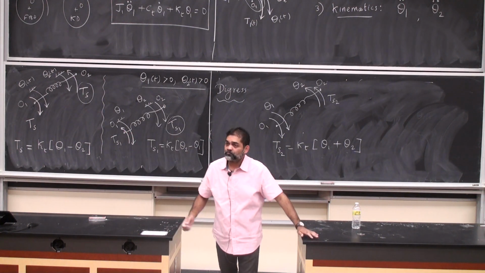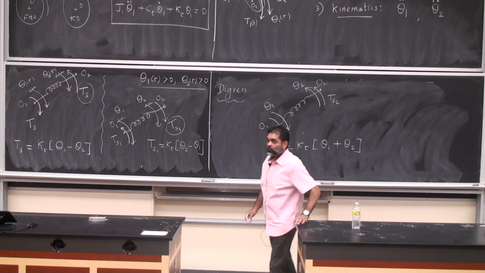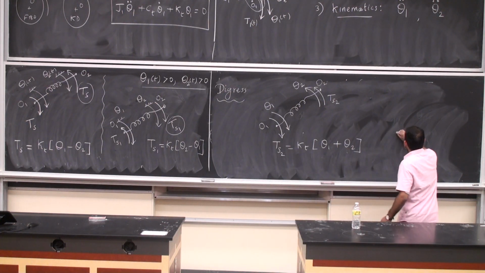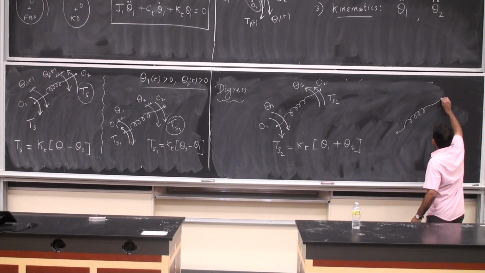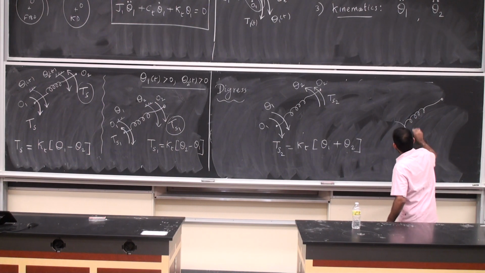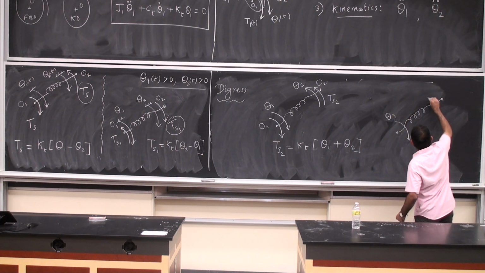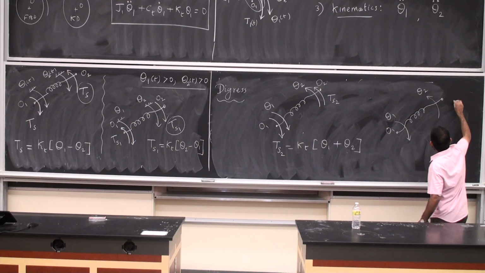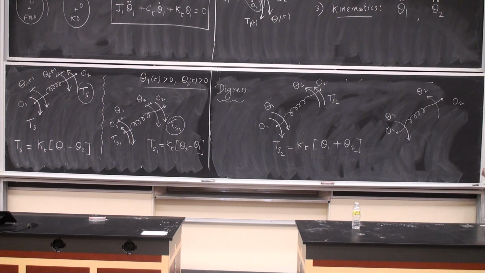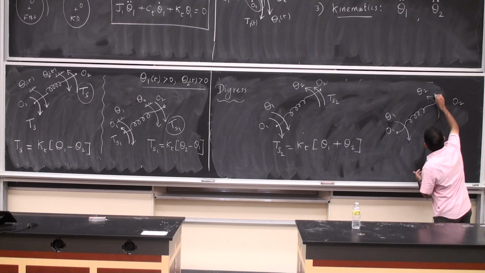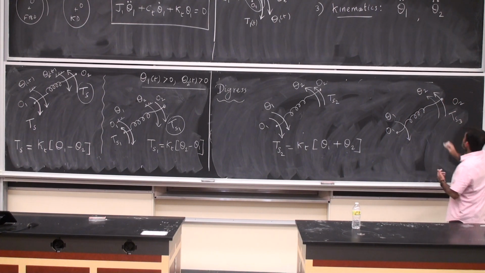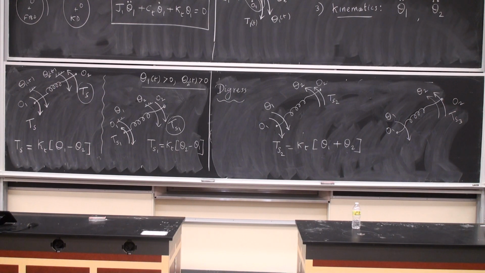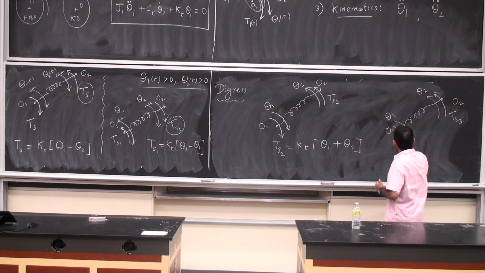Yes? So then if you were looking at the other side, it would be the same thing. Let's look at the other side. This is theta 1. This is theta 2. This is O1. This is O2. Now if I focus on O2, what do I first do? The first thing I do is I draw the direction of the torque to be applied on that end of the spring. That has to follow theta 2. Okay, which means equal and opposite back on this side.